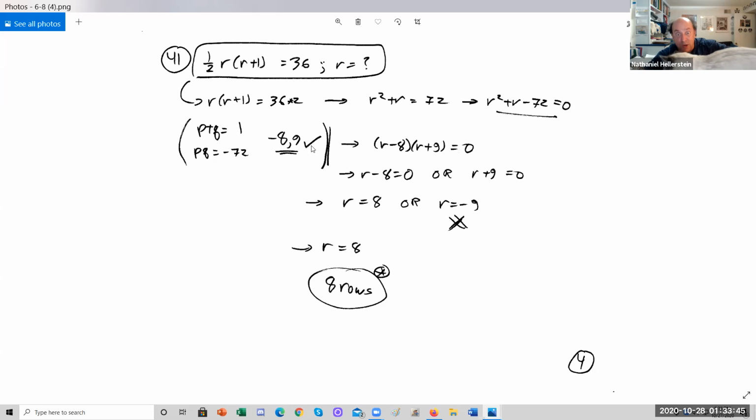Long story short, negative 8 and 9 work. So r minus 8 times r plus 9 equals 0. So either r minus 8 is 0, so r is 8, or r plus 9 is 0, and r is negative 9. Negative 9 is not a solution that makes sense in this word problem. So r is 8, and it's 8 rows deep, this triangular array.